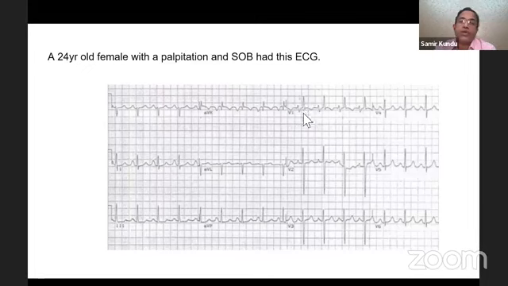There is also a tall R wave in V1. So this is the ECG of biatrial enlargement and right ventricular hypertrophy, in a case of chronic rheumatic heart disease with mitral stenosis and severe pulmonary hypertension. So this is biatrial enlargement.